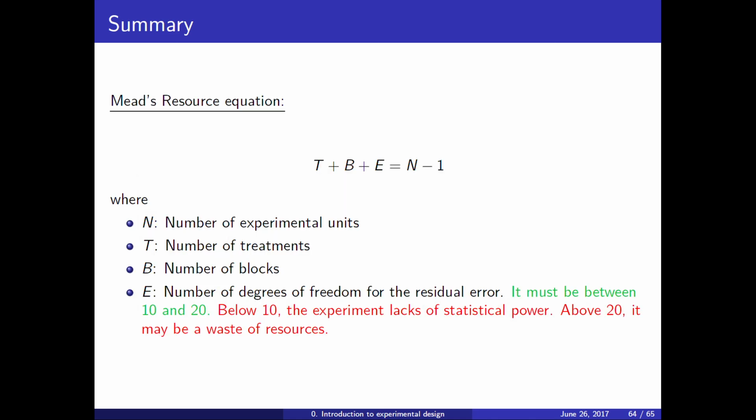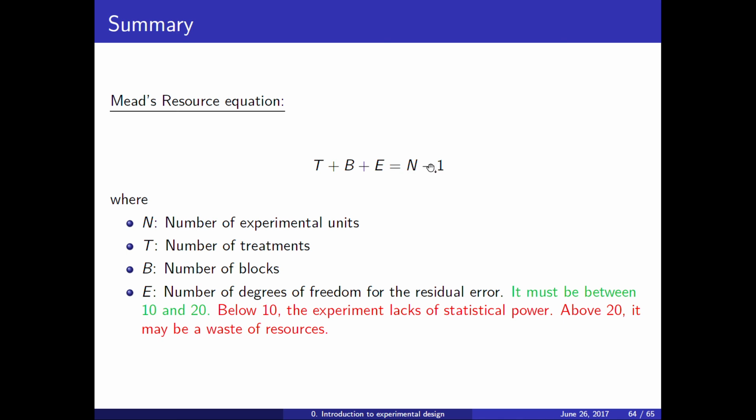Here is another idea: you will need to calculate the sample size. The Mead resource equation is a way of calculating it. Here you are separating the number of treatments, the number of blocks, the degrees of freedom for the residual error, and then the total number of experimental units.